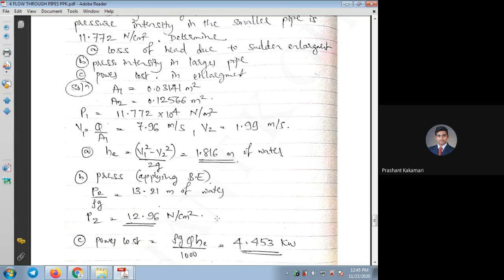So only by using this sudden expansion head loss HE, I am finding the small power lost in the flow due to sudden expansion, not due to head loss due to friction. If it is head loss due to friction, you substitute HF as in the earlier problem. But in this problem, it is head loss due to expansion, HE.